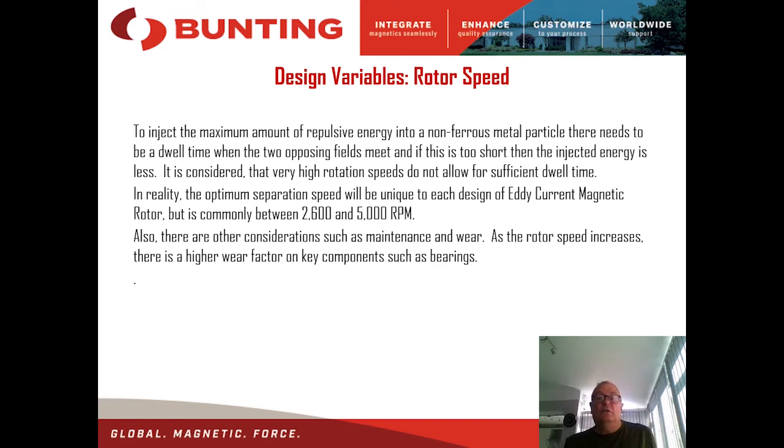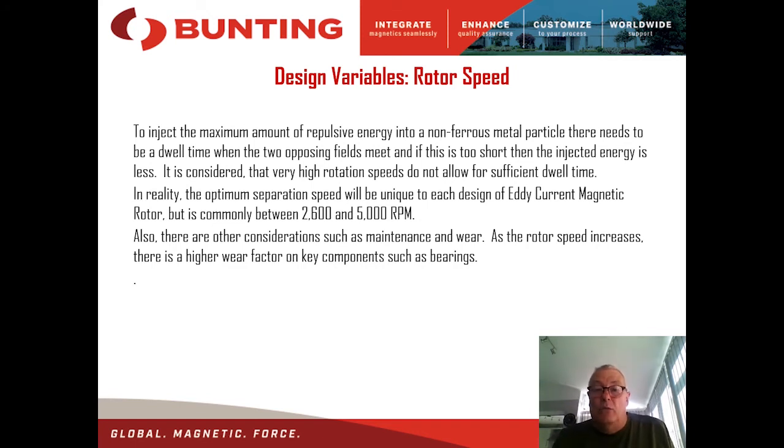So the design variables that influence how we design an eddy current separator, we'll talk a bit about that. The first design variable is rotor speed. The number of changes of north and south pole as a conductor passes through the area of separation of the eddy current will determine the throw of the machine.